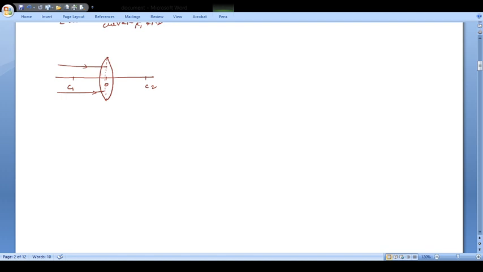So here you will find that we are showing as if it is refracted. देखो refracted तो पहले surface से होगा, फिर अंदर आएगा, फिर बाहर से होगा. तो हम since the lens is thin, we always show it at the center, and from here you will find that it will bend towards the normal because it is going from denser to rarer. So denser to rarer, here you will find that it is going from, see, this is a denser and the outside is rarer. So denser to rarer away from the normal, and rarer to denser towards the normal. So resultant, basically what you will find is, you will find that it will bend like this.